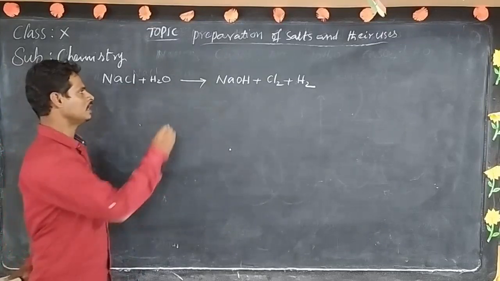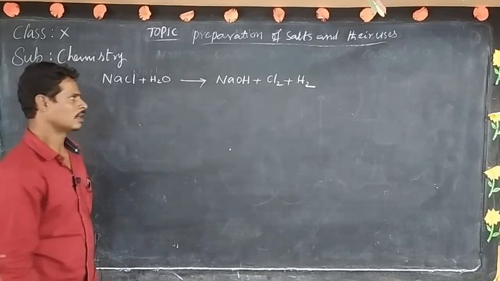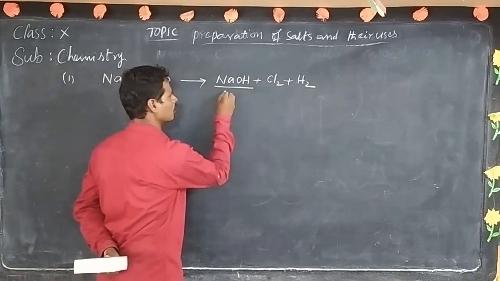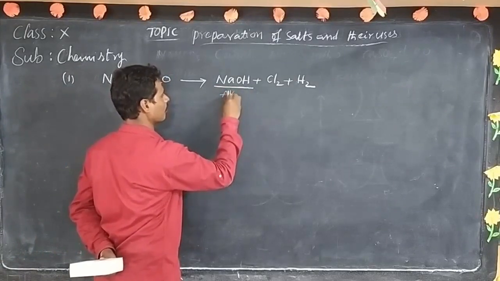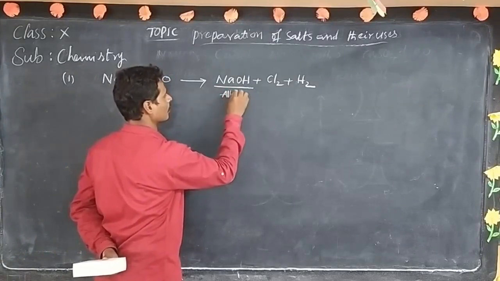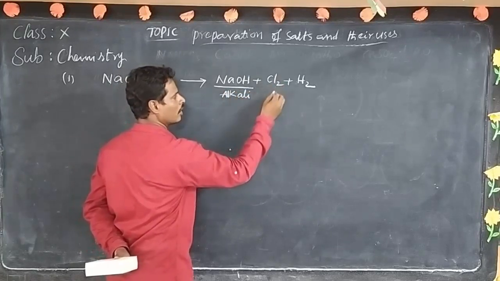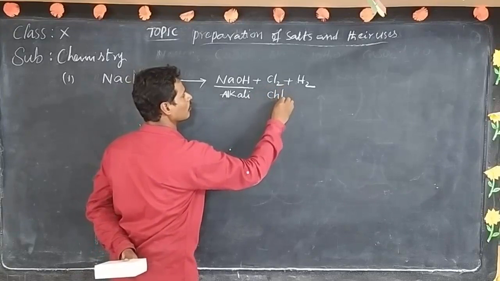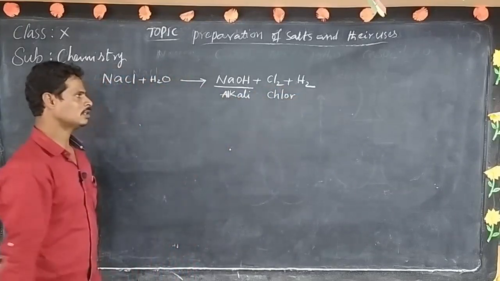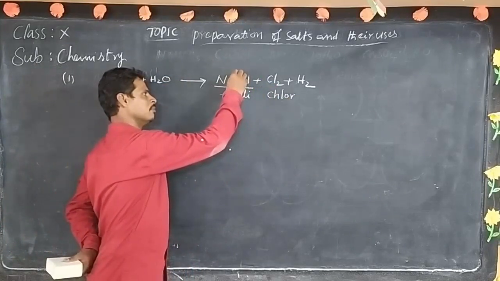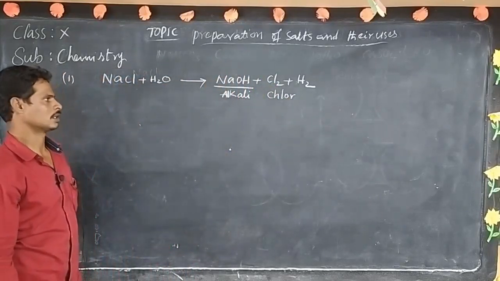Why is this process called the chlor-alkali process? Here, this base we call alkali, and here chlorine, so we call it the chlor-alkali process, because here chlorine as well as base is formed.